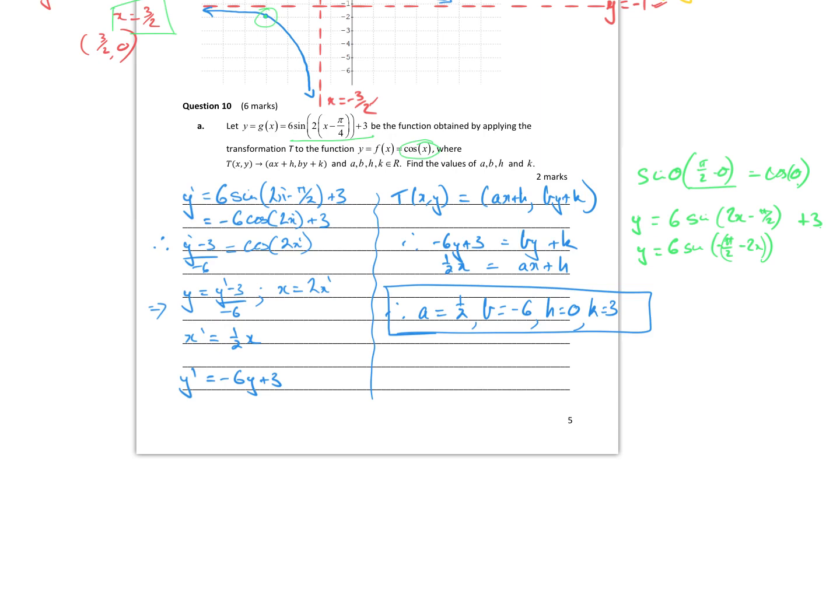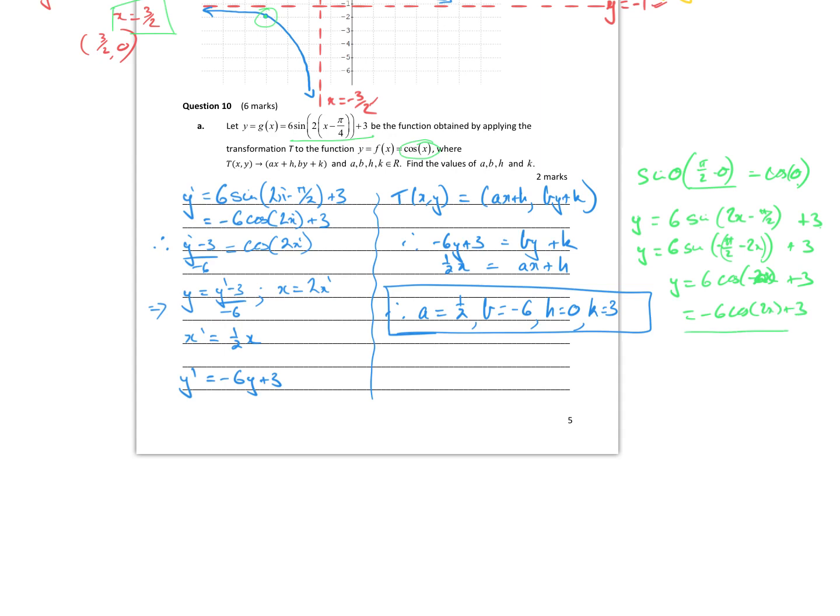Well, that's my pi on 2 minus theta. So I can write that as 6 cos negative 2x plus 3, which is negative 6 cos 2x plus 3.